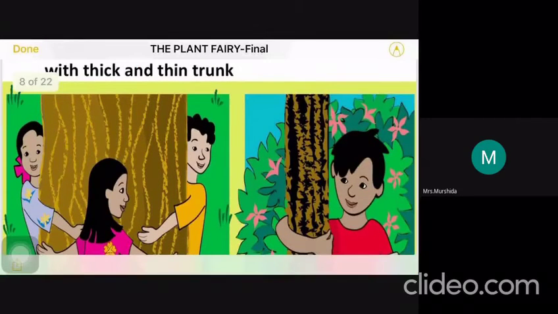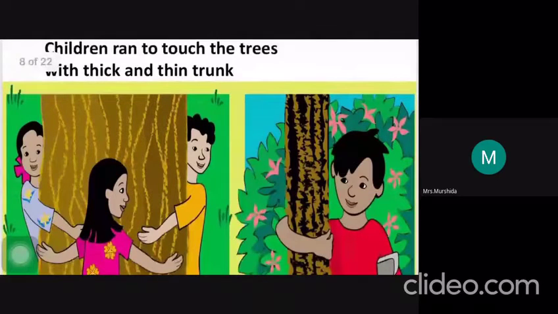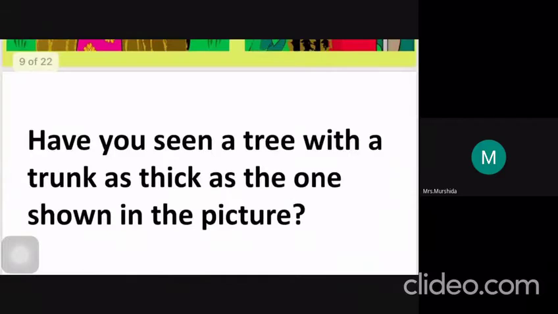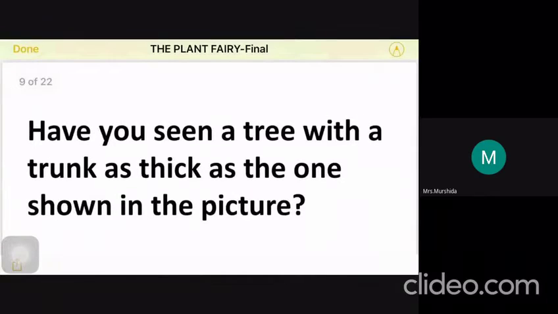See in the picture, Shabnam, Ammu and Dayaram are touching a tree with a very thick trunk. And see Michael, he is touching a tree with a thin trunk. Now, have you seen a tree with a trunk as thick as the one shown in the picture? Just think, any tree which has a very thick trunk.